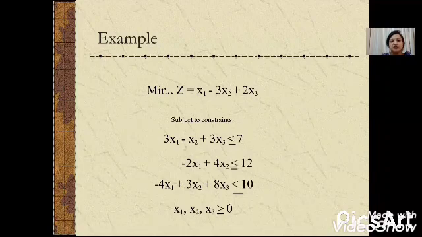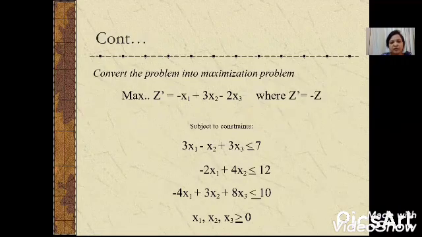Now let us see one example to minimize Z. To minimize Z, we have been given these constraints. To solve this problem, we first convert it to a maximization problem.